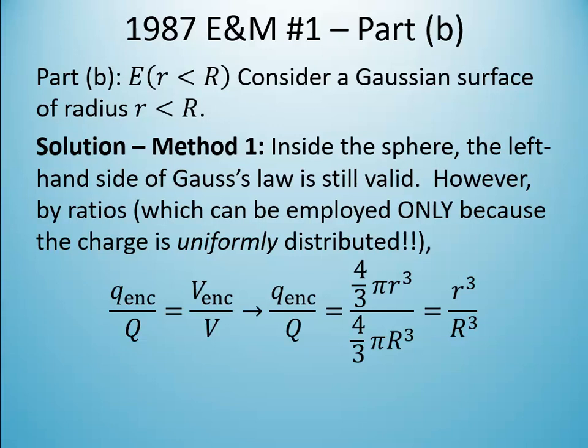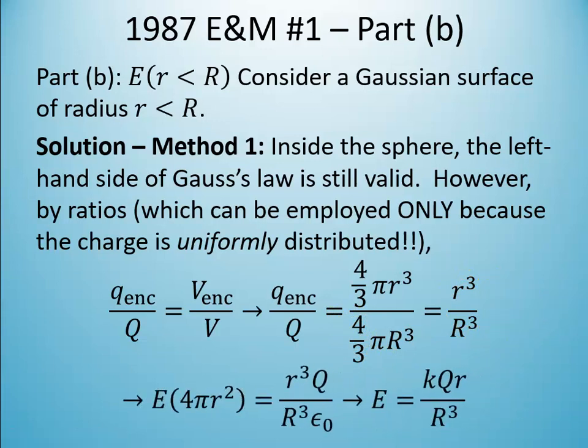So the ratio of the enclosed charge to the overall charge is equal to the ratio of the enclosed volume over the overall volume. So the enclosed volume is the volume of a sphere of radius little r. The overall volume is the volume of a sphere of radius big R. So that's just going to be little r over big R quantity cubed for that ratio.